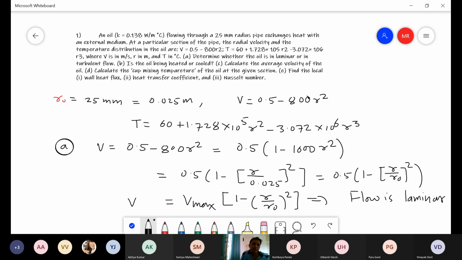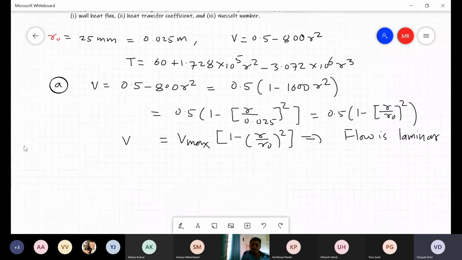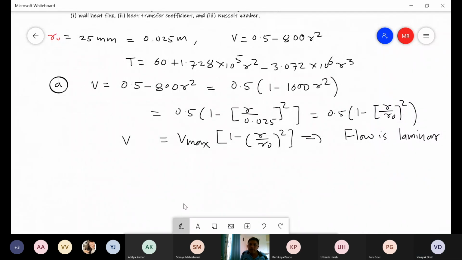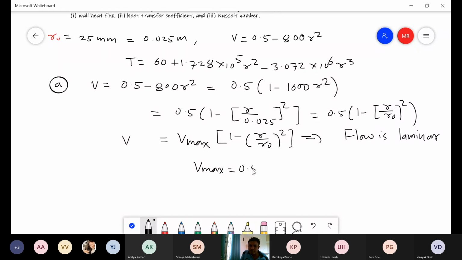Is it clear to everyone? Yes, sir. So where Vmax is 0.5.